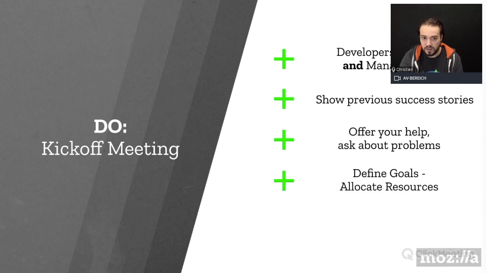And of course, in that meeting, you should define goals, where you want to get with fuzzing. Also define where you might not want to get, because not everything can be done with fuzzing. And if necessary, allocate specific resources on the developer side to actually deal with the results. This can be very helpful, especially if there are resource constraints and developers might feel like they cannot actually spend the necessary time on fuzzing.